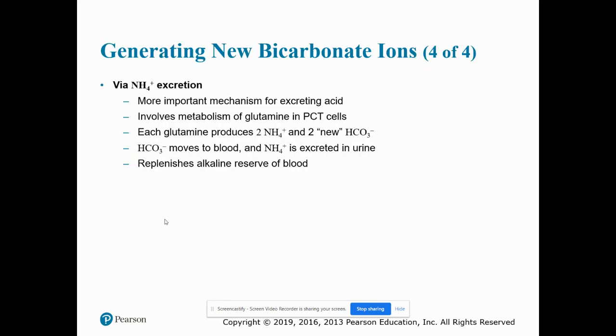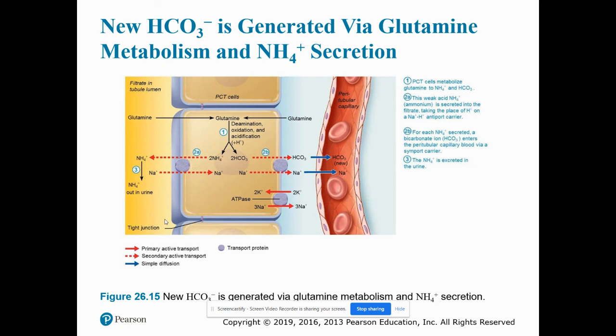The other mechanism is via ammonium excretion. This is a more important mechanism for excreting acid. It involves metabolism of glutamine in proximal convoluted tubule cells. Each glutamine produces 2 ammonium and 2 new bicarbonate. The bicarbonate moves into the blood and the ammonium is excreted in urine, and this is going to replenish the alkaline reserve of blood.